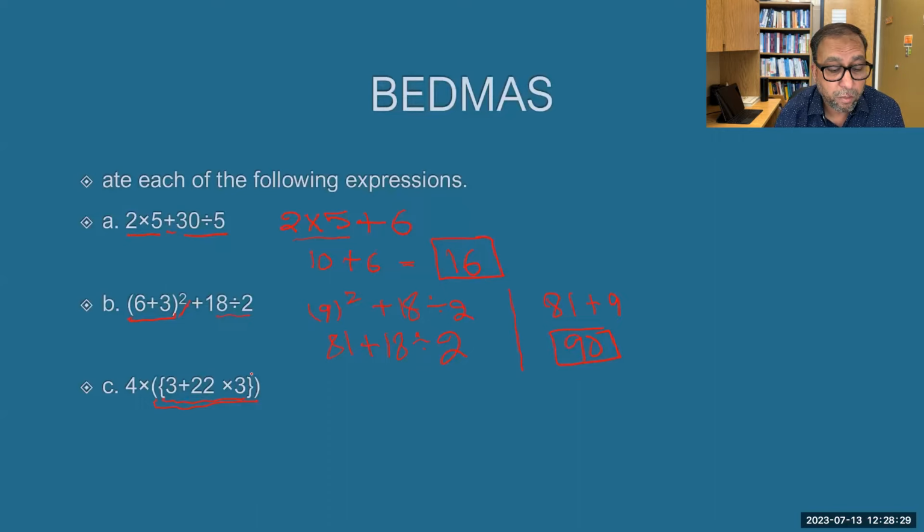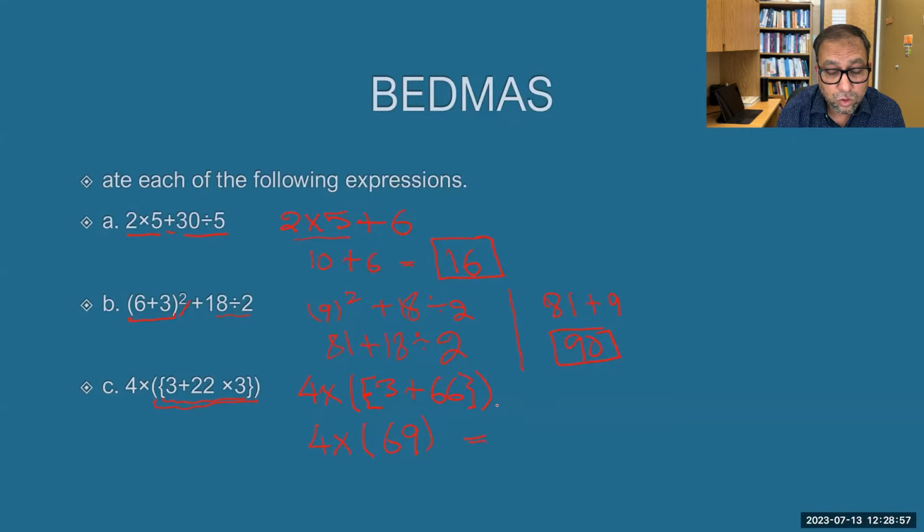So based on this, if I'm going to write, 3 plus, now 22 multiplied by 3 is 66. Now we do the brackets, and now it's going to be 69.